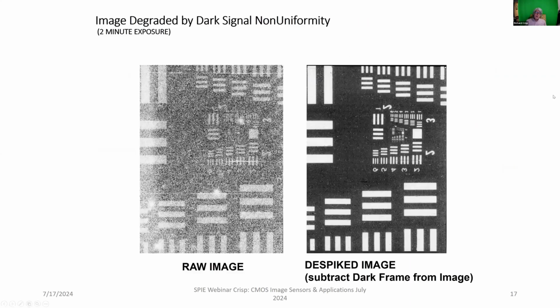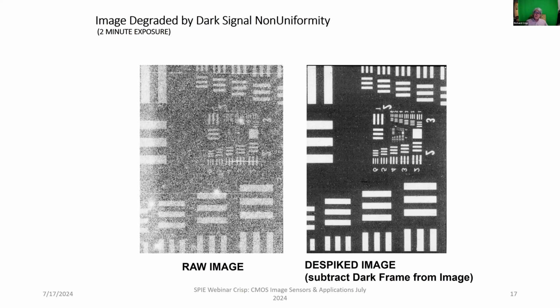Okay, so here's an example of a raw image that's been degraded by dark signal non-uniformity. We see the raw image over on the left-hand side, that's a 2-minute exposure. And by simply subtracting a dark frame from it that was exposed the same way, but with no light, you can see that it significantly cleans up the image signal.